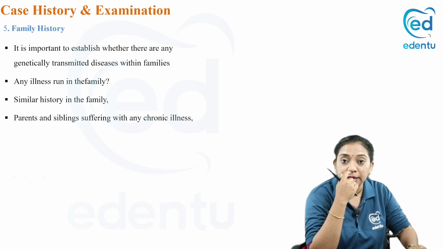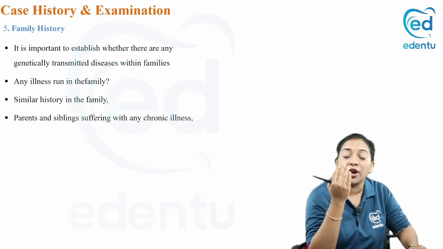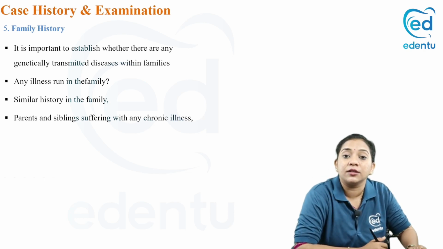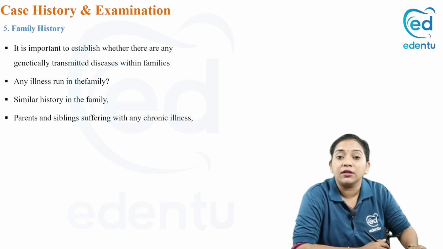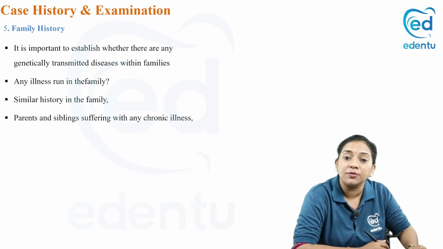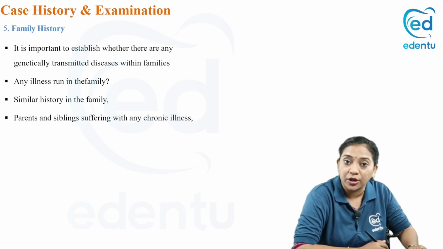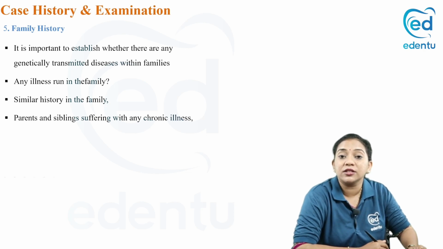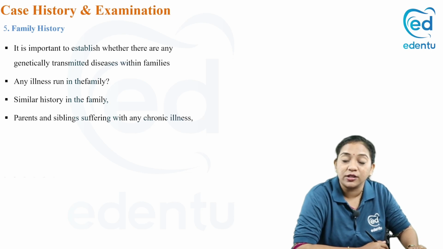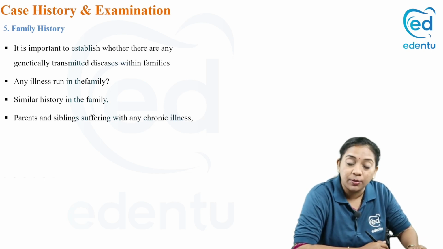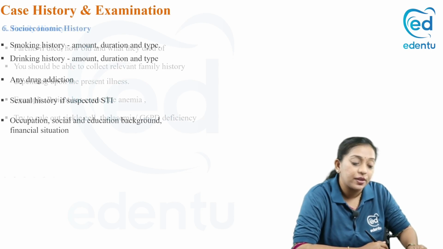Or his father had a death due to some conditions like hypertension or renal problems. It is understood that we have to have a checkup or an investigation of the patient to see whether he is having it or not. So it is just ruling out. If he is not having it, that is okay, fine. If there is any such condition in him, we have to treat accordingly. So family history is always very important to ask.